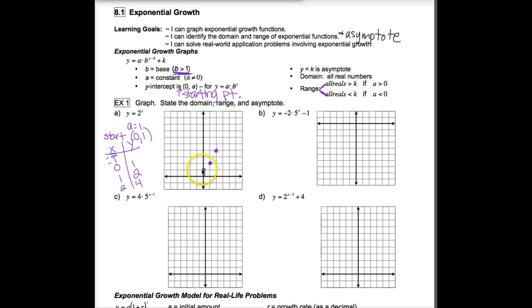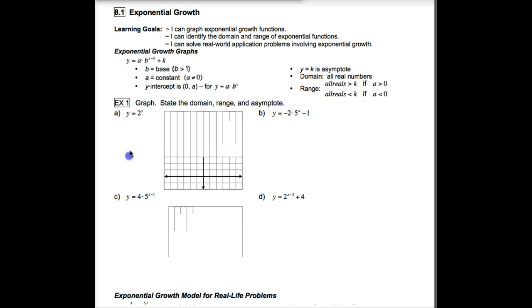If you know this pattern, it will save you so much time to be able to graph these quickly by hand. So I go (0, 1), and then from my origin, right 1 up 2 and right 2 up 4. Over on the left side, when x is negative 1, that gives me 2 to the negative first, which is 1/2. Here, 2 to the negative second, which is 1/4.